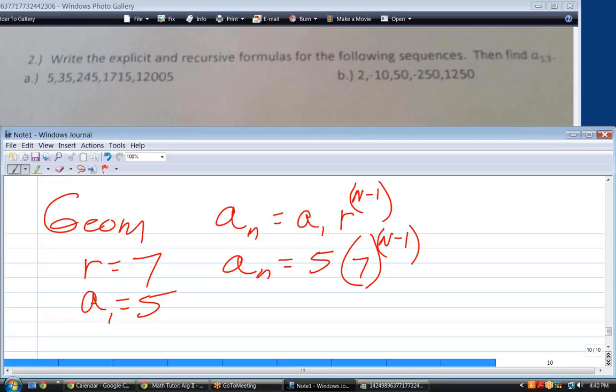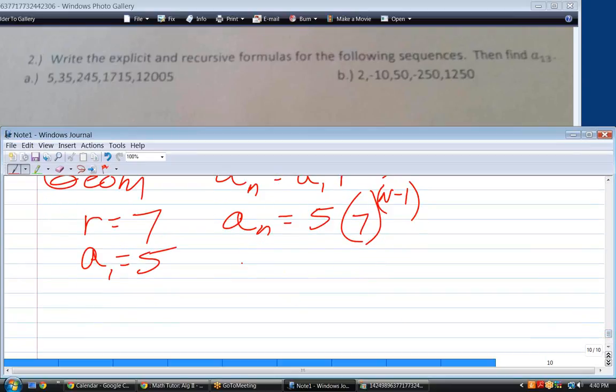Then find a sub 13. What's a sub 13 equal to? So it would be 5 times 7 to the 12th power. Big difference. Okay? So, whatever that number is, that's the 13th term.